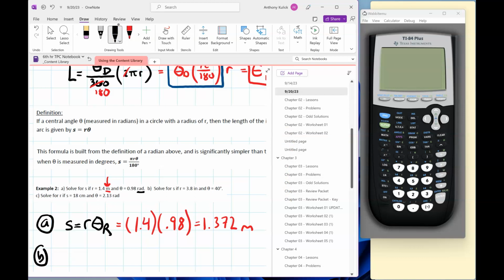Let's look at example B. So in B, we're asked to solve for S if the radius is 3.8 inches and the central angle is 40 degrees. Notice there it's in degrees.